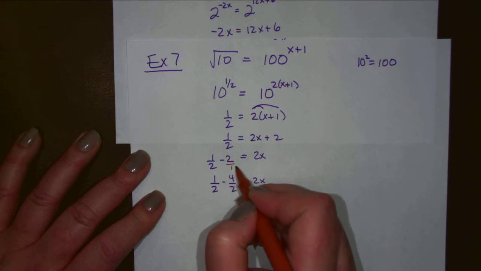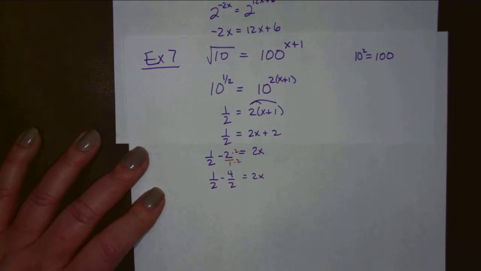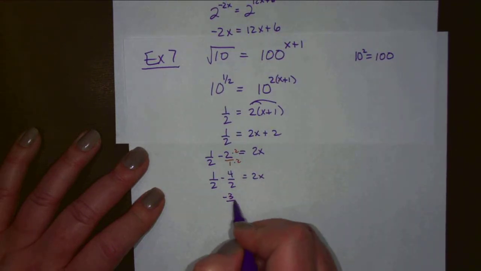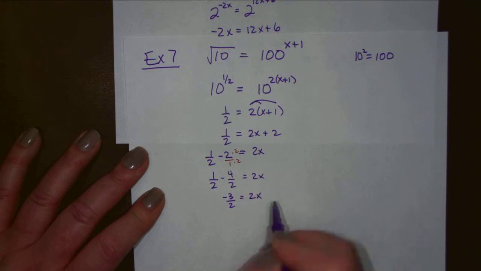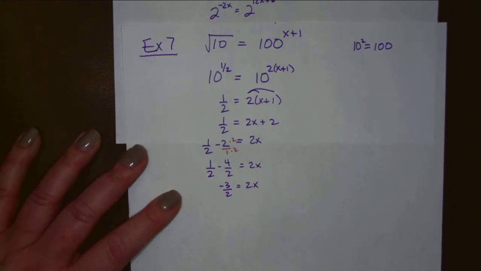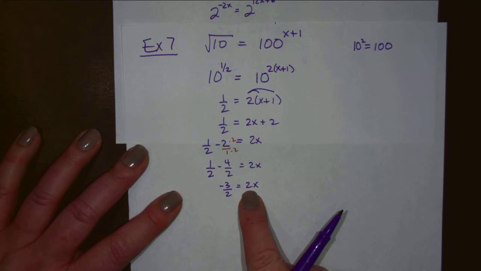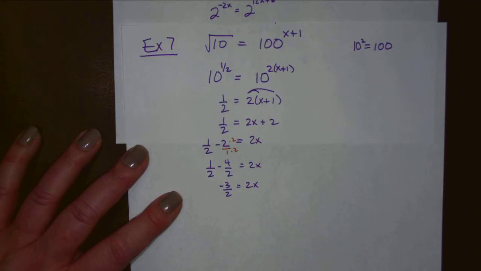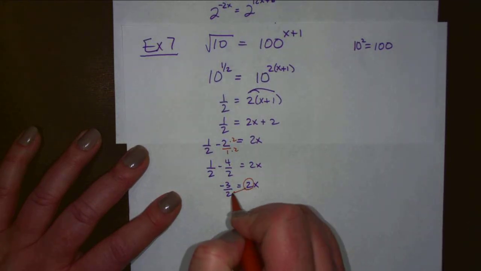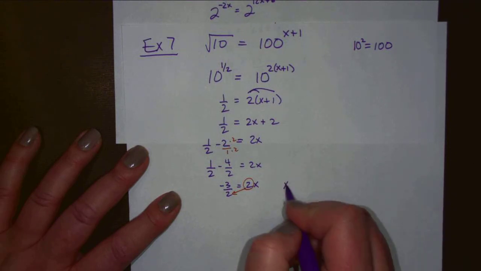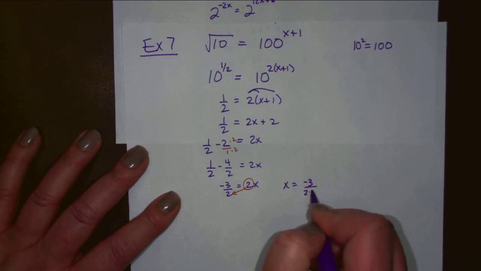We multiply by 2. So here we've got minus 3 over 2 is equal to 2x. Now how do we solve that? Divide by 2 or cross multiply. So that 2 goes down here. So x is equal to minus 3 over 2 times 2, which is minus 3 over 4.